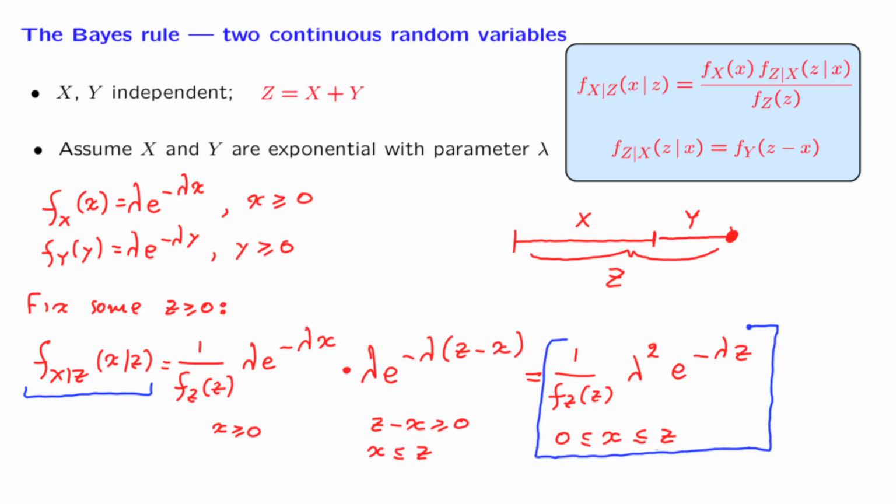What's special about this PDF? Remember that we have fixed z to a certain value, and we're trying to describe the likelihood of the different values of x. But there is no dependence on x here, so the PDF is constant as a function of x. And this means that if I tell you the value of z, then x is going to have a uniform conditional distribution on this interval.